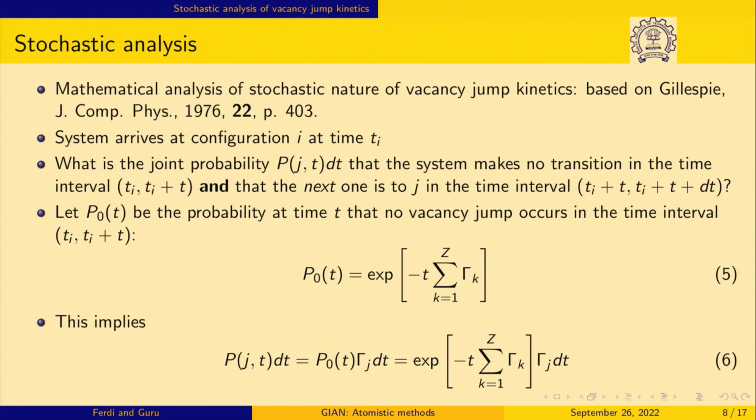If you want to get Pjt, P0(t) gamma j dt will give you the joint probability, because these two events are combined in the probability.